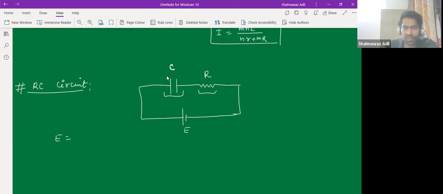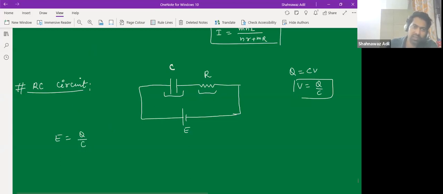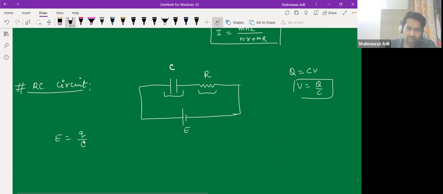What is the voltage in a capacitive circuit? Q is CV, so V would be Q by C. So the voltage here would be Q by C, and we write a small q because this is a variable one, and then this is IR. So this is the equation, and the ultimate goal is to find out how q varies.